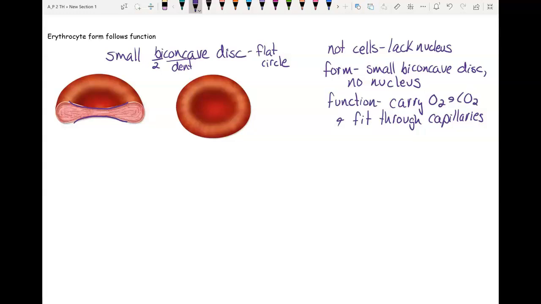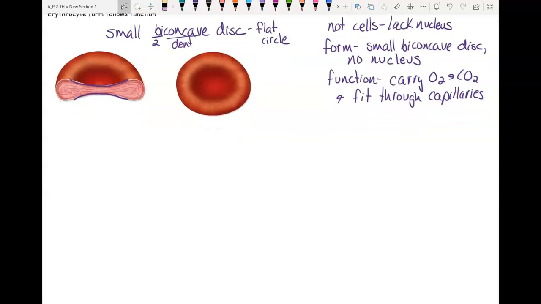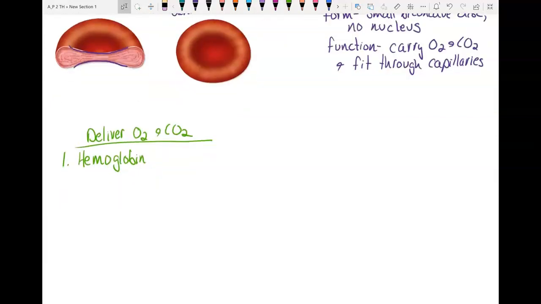If we look first at delivering oxygen and carbon dioxide, erythrocytes have hemoglobin. This is a protein molecule inside of them that binds oxygen and carbon dioxide.